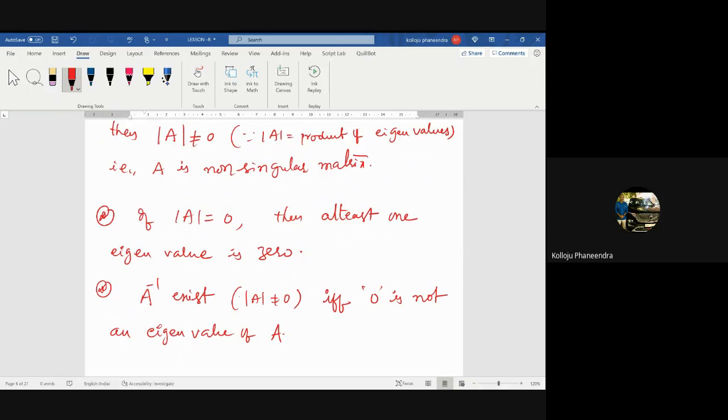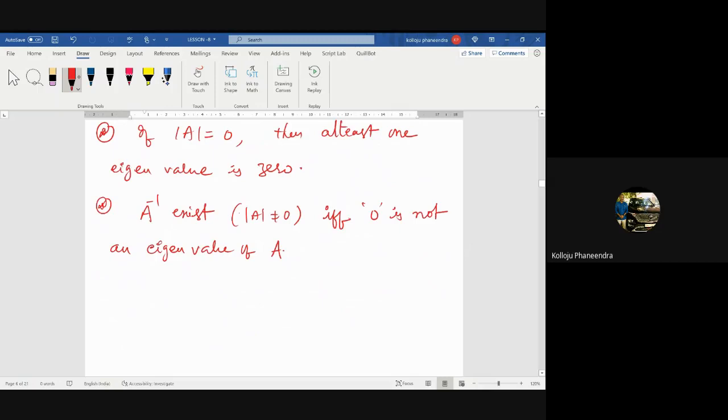Okay. Next one. Another property. These are the properties based on the previous one. Now another property.